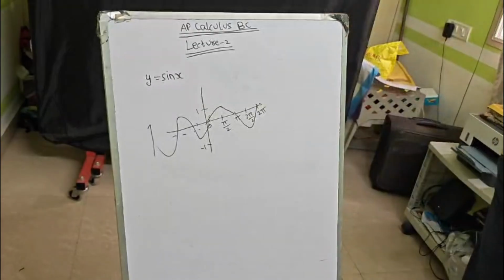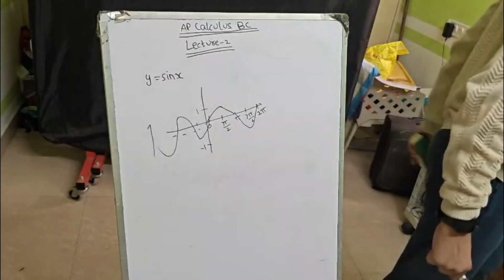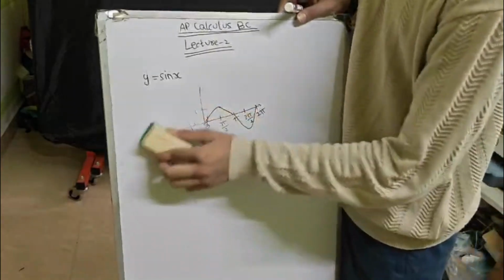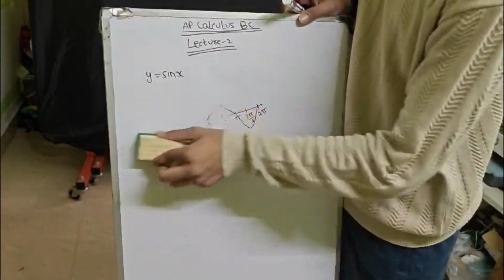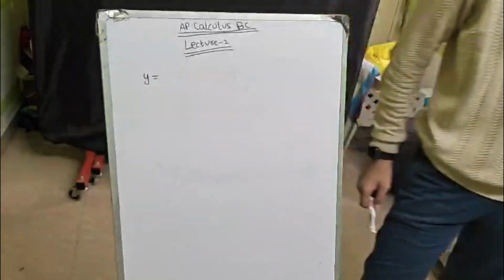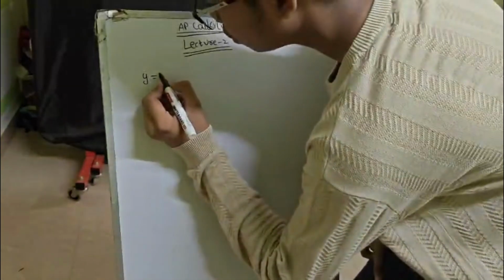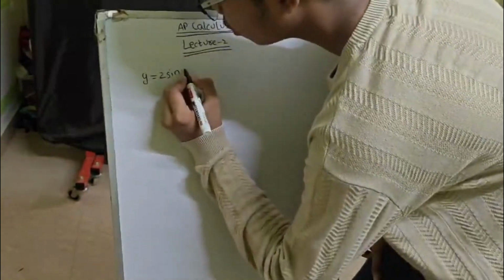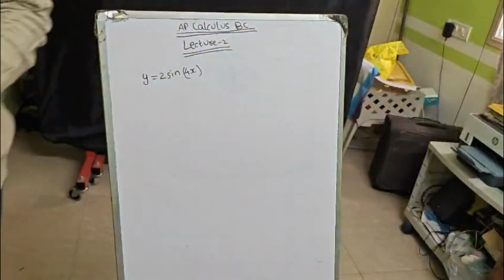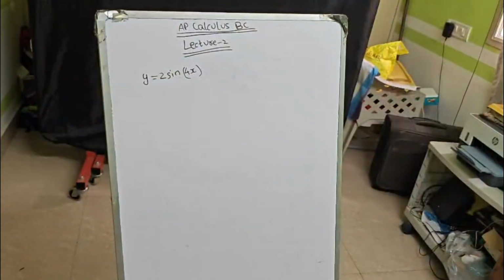But what if they give y equals, let's say, something else like 2 sine 4x? So let's see. 2 sine 4x. For these types of questions, you first find the period, okay?